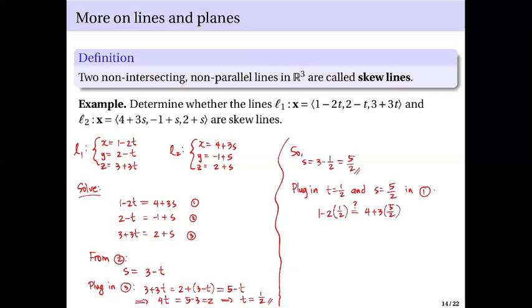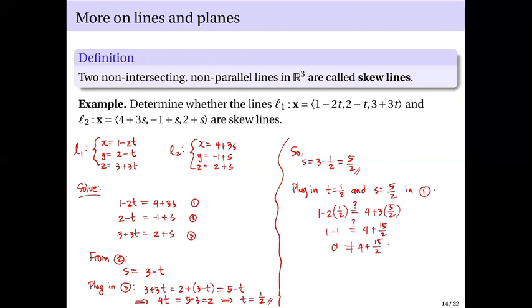Well, on the first here, 2 times 1 half, that's 1. 1 minus 1. And then in here, 4 plus 15 halves. And here, left-hand side, this is equal to 0. And definitely, this is not equal to 4 plus 15 halves. So this guy here is not a solution.